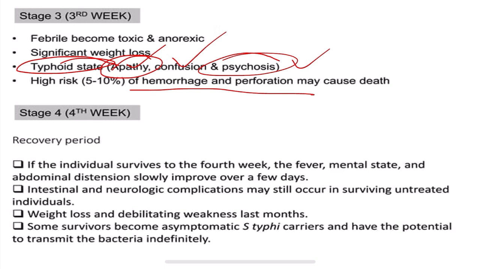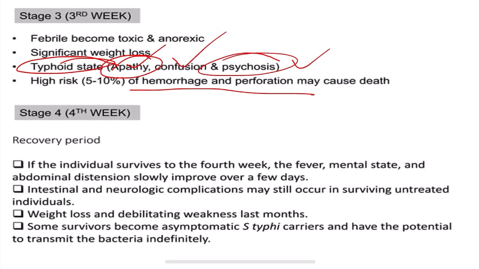Then what happens? Stage 4, recovery period. If the individual survives this fourth week, the fever, mental state, and abdominal distension will start to slowly improve over a few days. Once he has gone through all this and survived through it, the fever comes down, mental state becomes stabilized, abdominal distension improves.